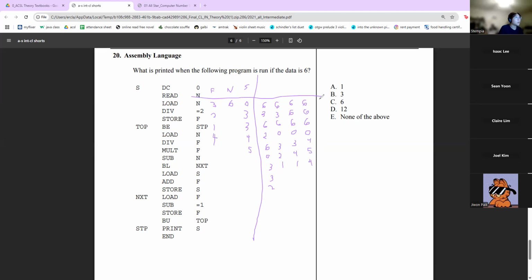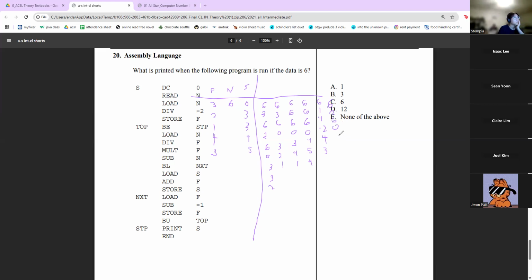We load N, divide by F, which gives us 1, multiply by F, give us 4, subtract N to give us -2. -2 is less than 0, so we're going to just move down to next, where we're going to load F, subtract 1, and store this at F. Then we're going to go back up to the top, where it's not equal to 0, so we're going to load N again, divide by F to give us 2, multiply by F to give us 6, subtract N to give us 0.